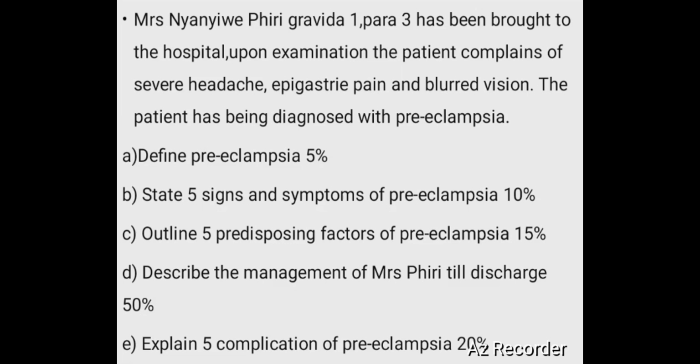And the 4th sign and symptom that we can talk about here is oliguria. So the woman usually presents with urine output of less than 30 mL per hour. This is due to reduced blood flow to the kidney, which is worsened by extravasation.